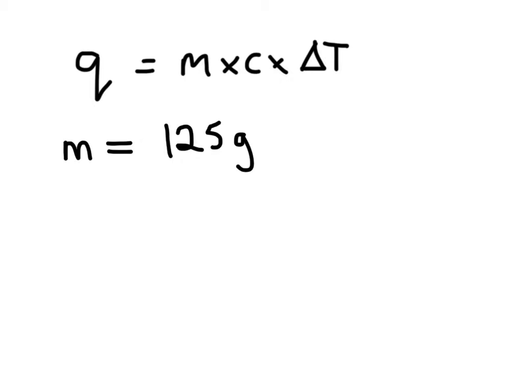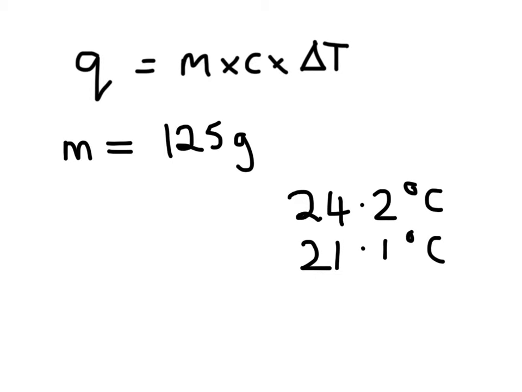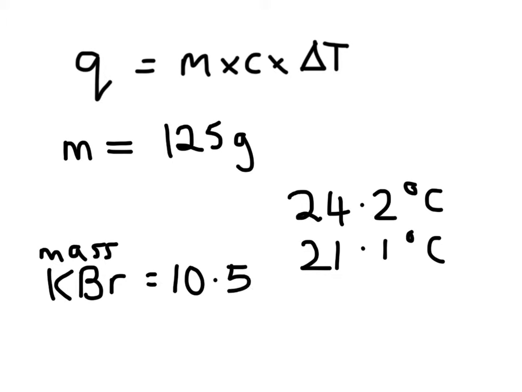The initial temperature is 24.2 degrees C. The final temperature is 21.1 degrees C. The mass of the potassium bromide is equal to 10.5 grams. And the specific heat capacity of water, which we won't make note of here because we already know it.